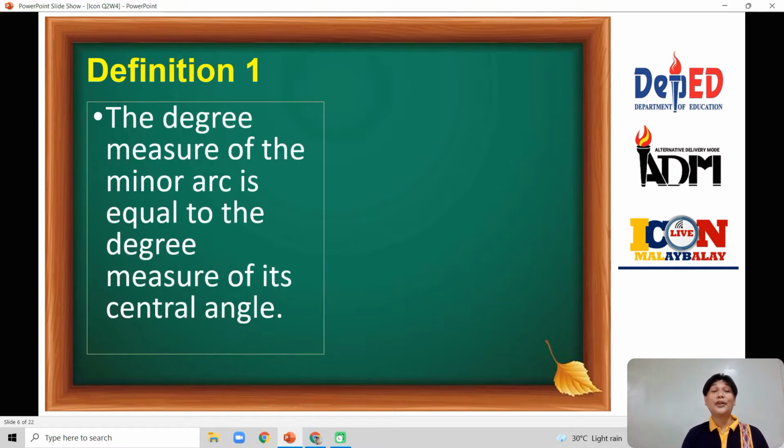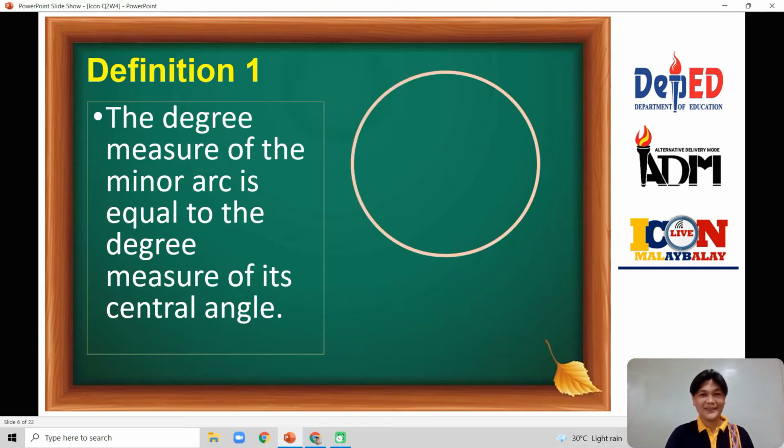Okay, for our lesson proper, we have Definition 1. The degree measure of the minor arc is equal to the degree measure of its central angle. I hope you will remember this Definition 1. So let's see the figure showing what Definition 1 is talking about. Now we have here a circle O, and the circle O has points T and P, which form a central angle TOP.